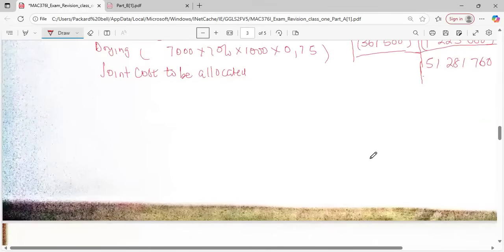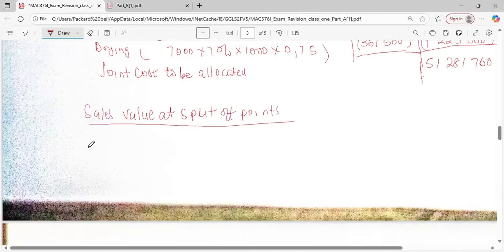So the next thing that we want now is the sales value at split off point. So we have S meal and S oil.